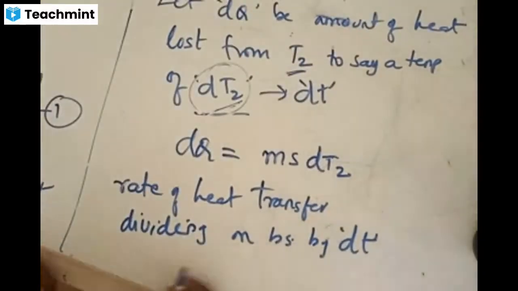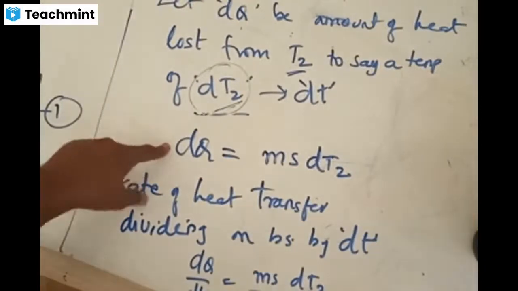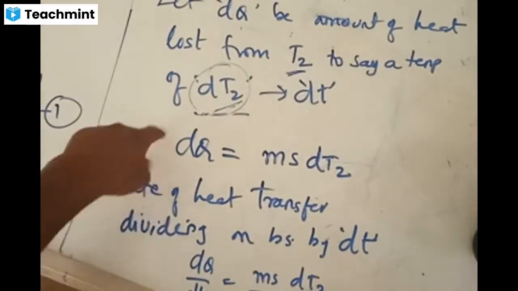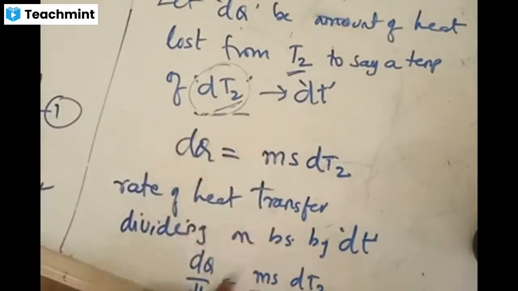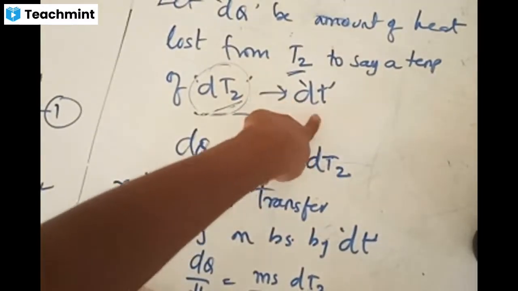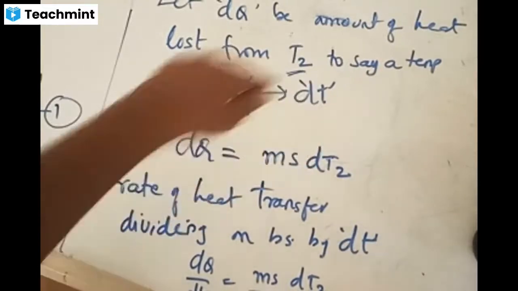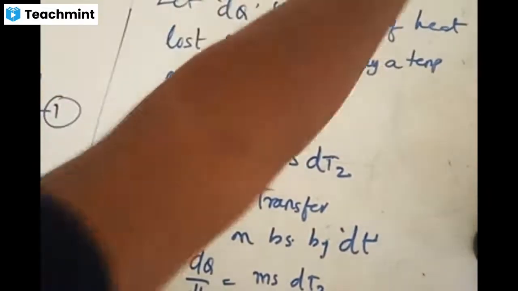What do you get now? dQ by dt is equal to m s times dT2 by dt. Right? You are just dividing because we want the rate of heat transfer, so you divide this equation on both sides by the time interval dt. What is this time interval dt? It is the time taken to change the temperature from T2 to some new temperature.